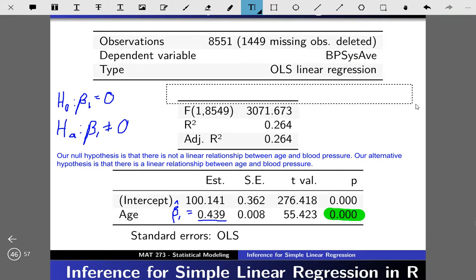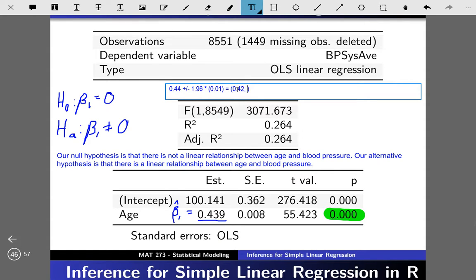To calculate a confidence interval here, we're going to do 0.44, which is just 0.439 rounded, plus or minus 1.96, our t-star multiplier, times the standard error, which I am just rounding to 0.01. This is the standard error for the slope here, 0.008. And that gives us 0.42 and 0.46.